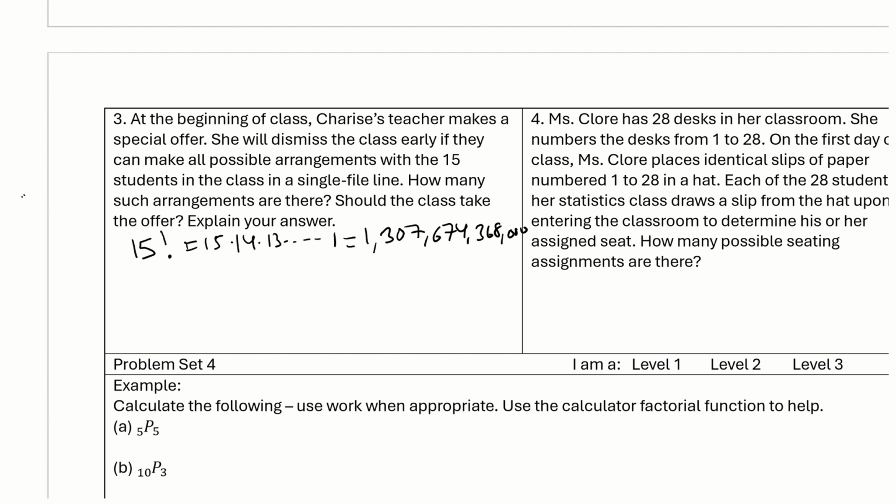So 1,307,674,368,000. So should the class take the offer? Definitely not, right? They should not, as they will never have time to do it.